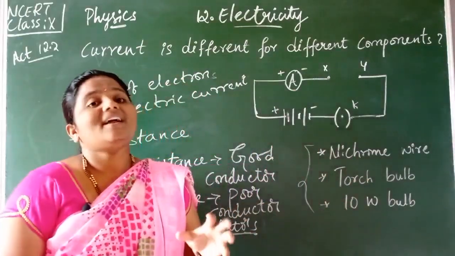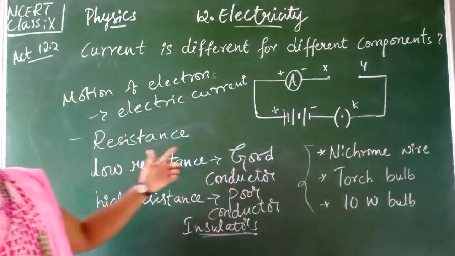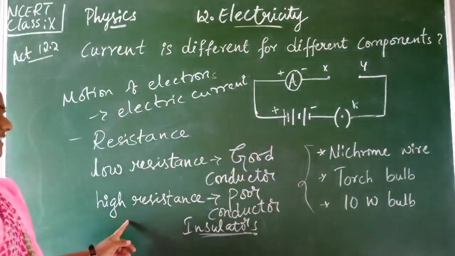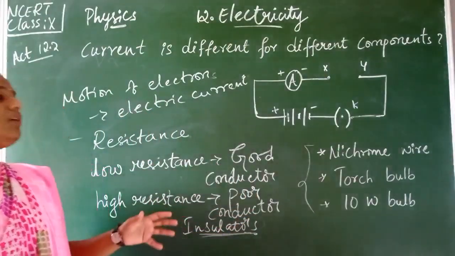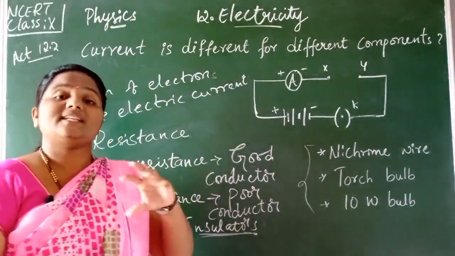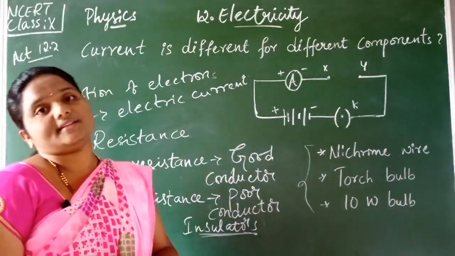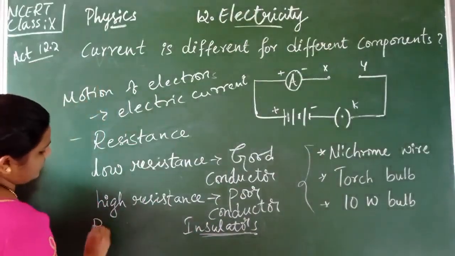Different ammeter readings. Moreover, low resistance means good conductor, high resistance means poor conductor. Got it, children? And further, an identical resistance is particularly called a resistor, children, isn't it? Resistor.